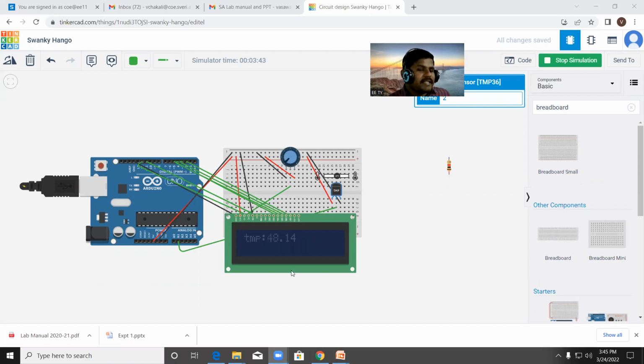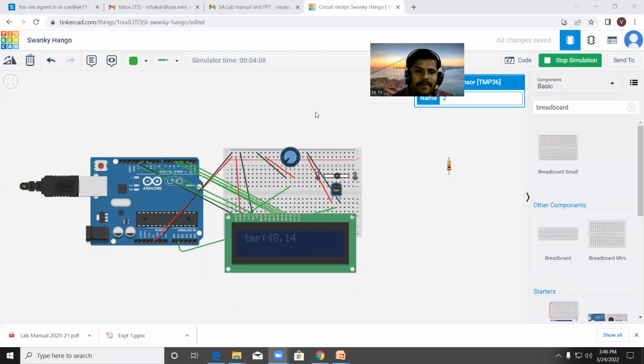This is the temperature sensor. It can be interfaced with the Arduino, and the output can be displayed using a display unit. Here we are using a 16:2 LCD display, right? Similarly, we will perform the humidity sensor practical, interfacing the humidity sensor with Arduino.